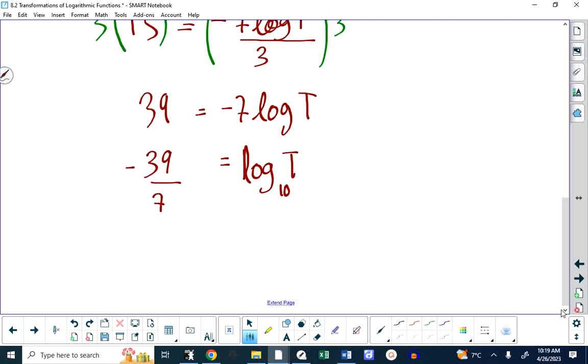How many of you are in Chem 30 right now? Are you already on to pH? Are you learning pH? Have you learned that the hydronium ion concentration is the antilog of the negative pH? Okay, never mind that. So we're simply going to write 10 raised to the negative 39 over 7 equals t.